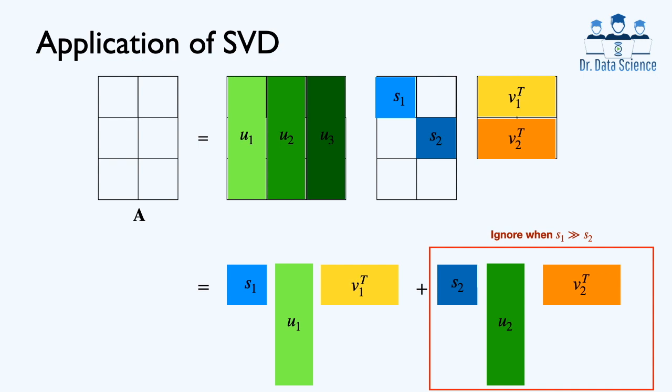So if you need to reduce the redundancy in data or reduce the size of data, you can get rid of the second term and just approximate the matrix A using the first term, which is S1 U1 times V1 transpose. And that's something that we call low rank approximation, which is very, very useful.